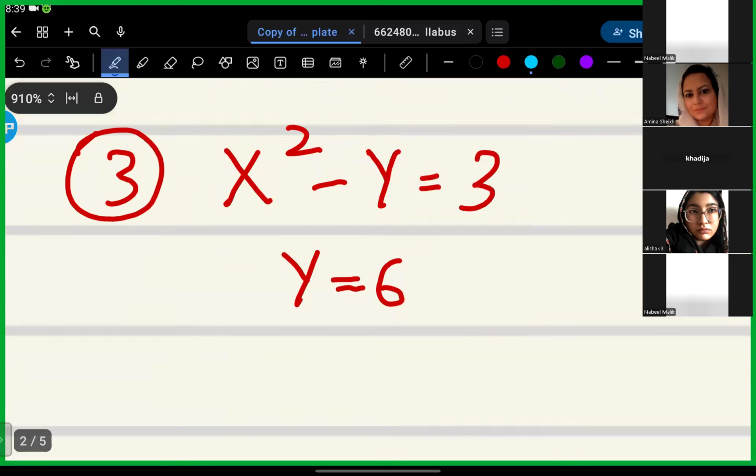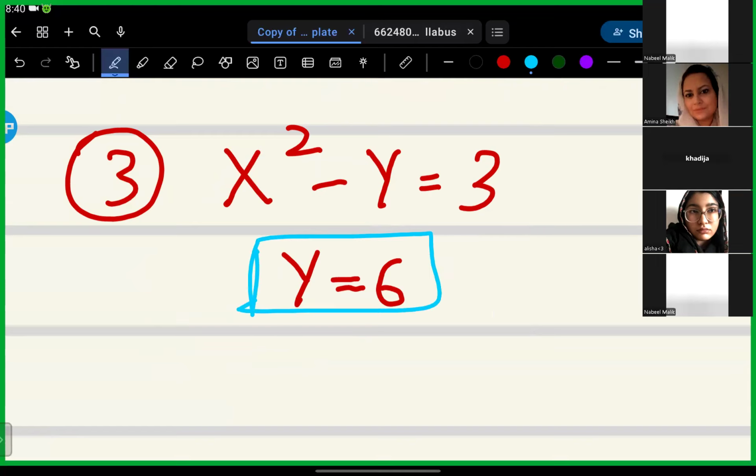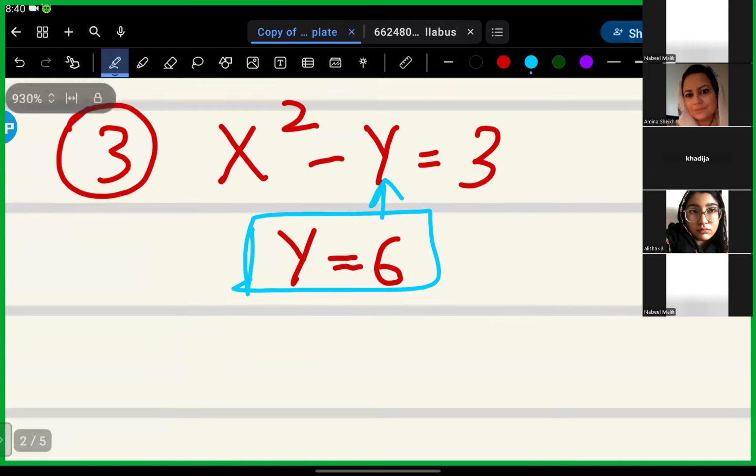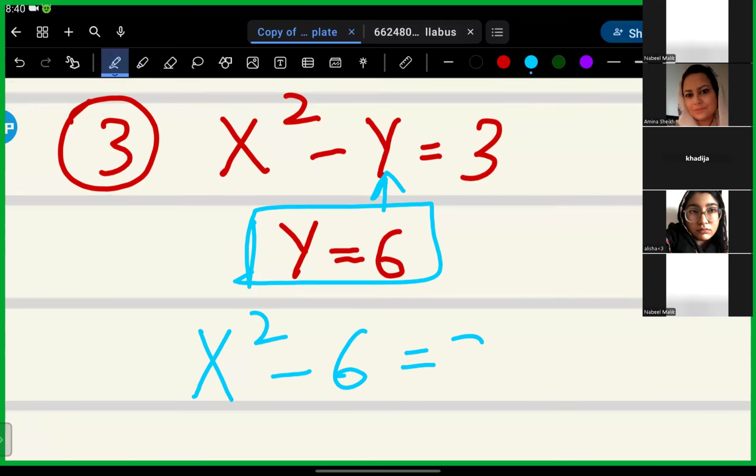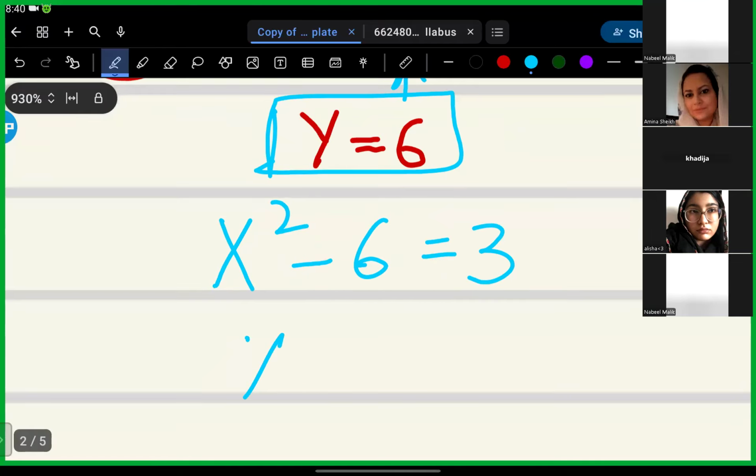So now we have another type of question. Now this is pretty easy. If we just substitute the value of y into the equation, it's going to be x squared minus 6 is equal to 3. Now we are going to take the 6 to the other side. It is going to be 9.